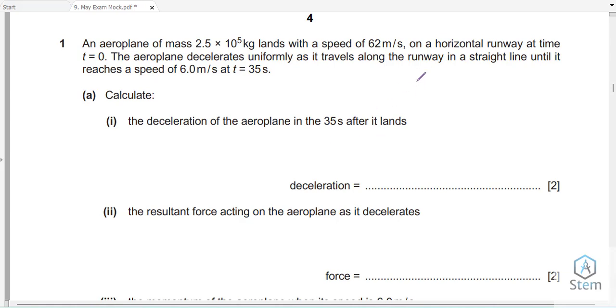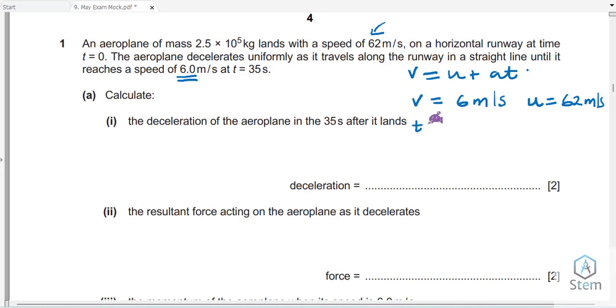So we are going to use V is equal to U plus AT again. V is the final speed of the aeroplane. In this case, it's 6 meters per second. The initial speed is the speed with which the aeroplane landed, and it's 62 meters per second.